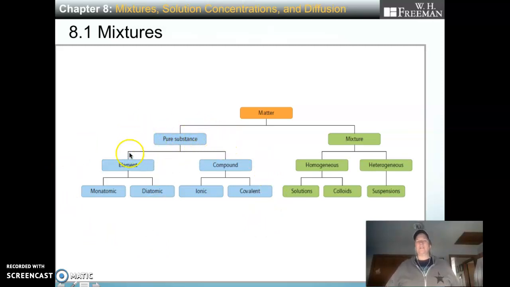The amounts are always the same. Elements, compounds. When you're talking about mixtures, which is what we're going to be talking about this chapter, a mixture is either well mixed, so it could be a solution or what they call a colloid, or it can be heterogeneous. Heterogeneous means it's not mixed up very well, and that's a suspension. And in a suspension, particles settle out.